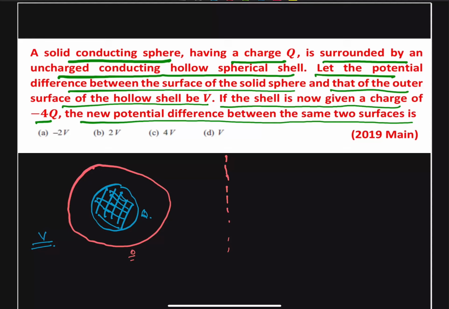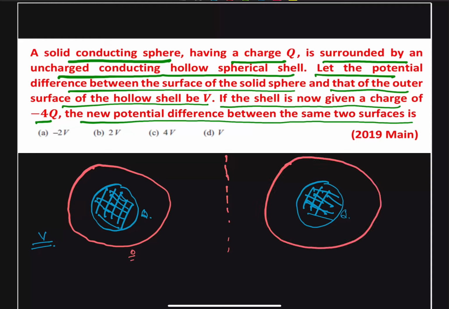In the second part, we are still having a sphere, and the sphere is having a charge q of its own, and on this hollow spherical shell now an external charge of minus 4q is given.